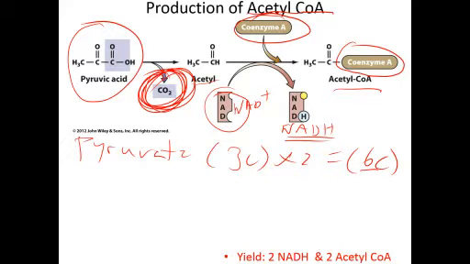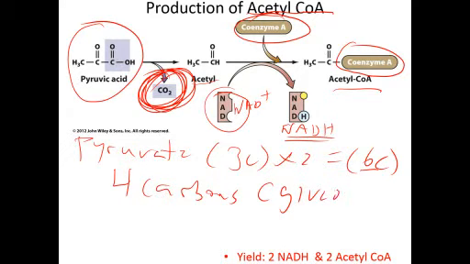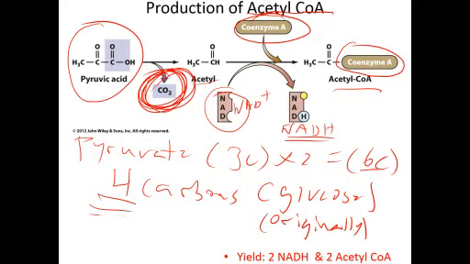So now you're left with a total of 4 carbons that were originally part of glucose. So these 4 carbons were originally part of glucose. You cleaved off 2 in CO2, so you're left with 4. Basically you gotta keep track of the carbon atoms. Okay?